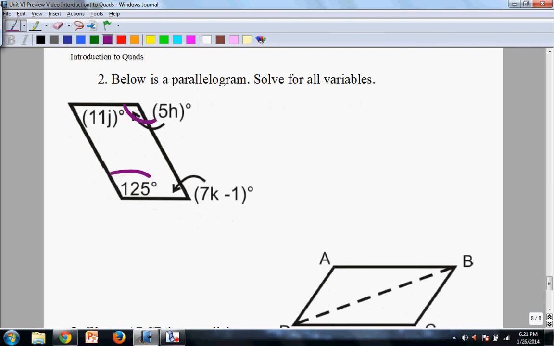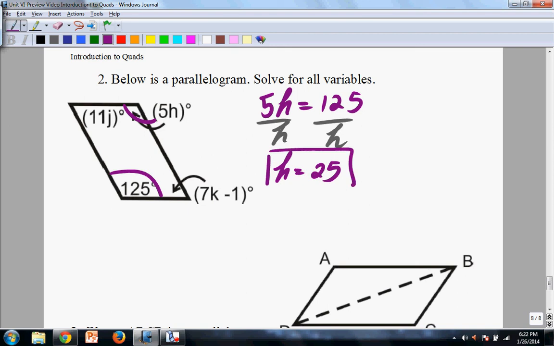Well, we start with the fact that opposite angles are congruent, so I can go 5h equals 125. We divide by 5, and therefore h itself equals 25. Once you know that, we can go this way, and 5 times 25 is 125.